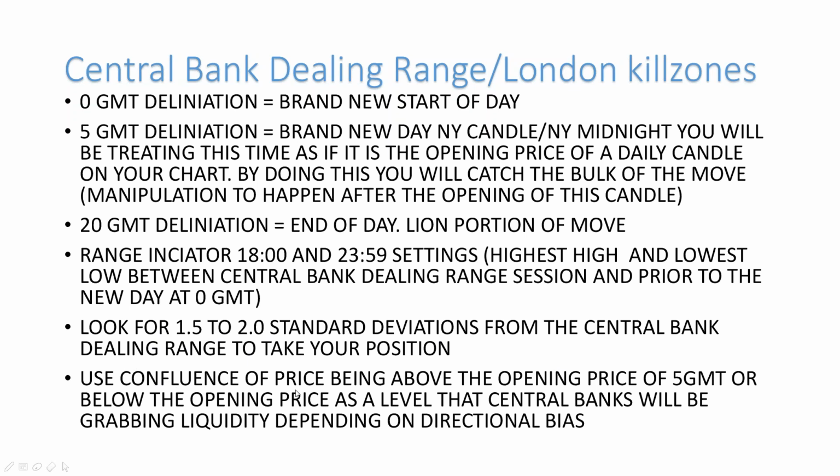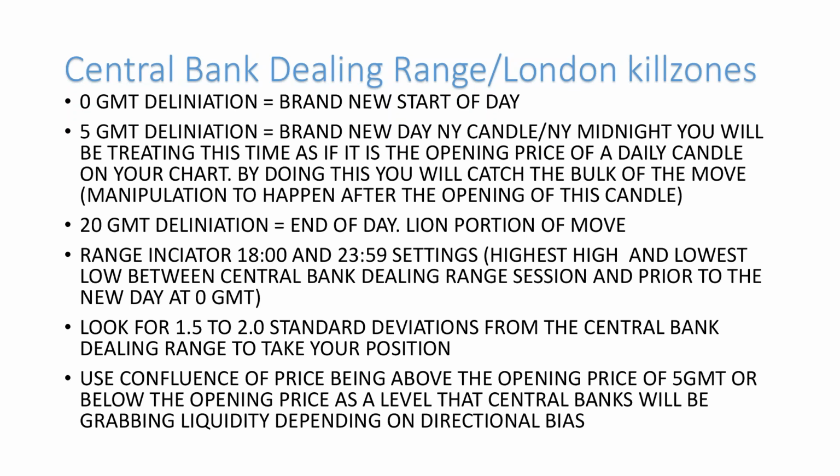And you're going to use the confluence of price being above the opening price of 5 GMT or below the opening price as a level that central banks will be grabbing liquidity depending on the directional bias. So what that basically is saying is, obviously with a long-term directional bias, it's what we'd like to start our strategy with.